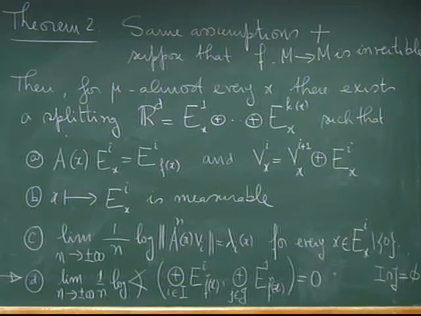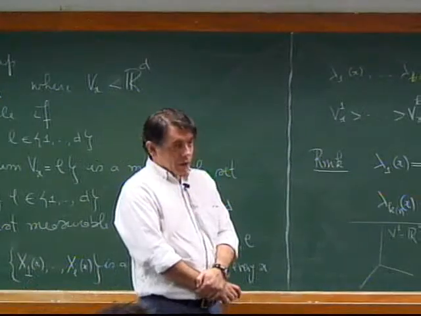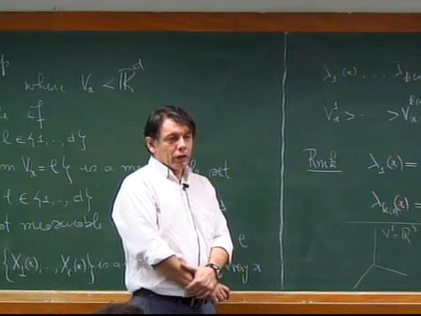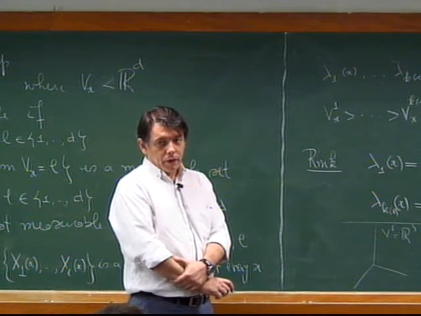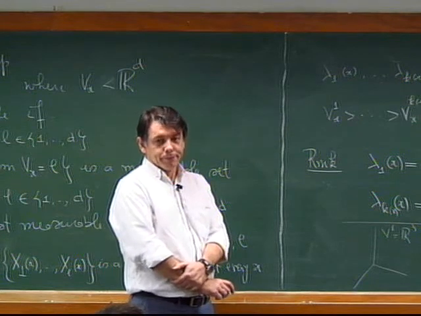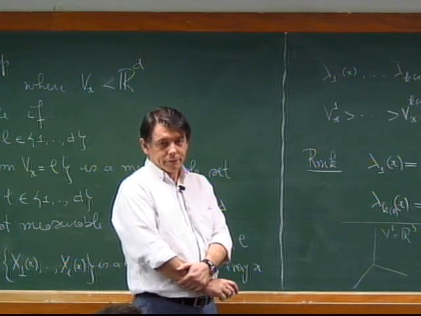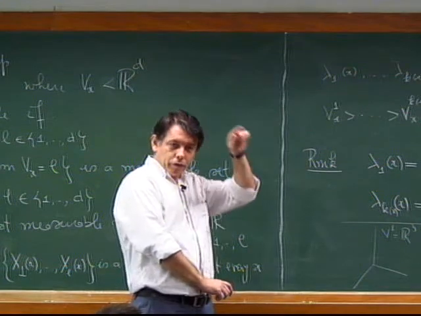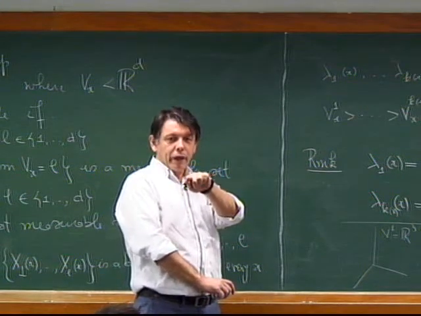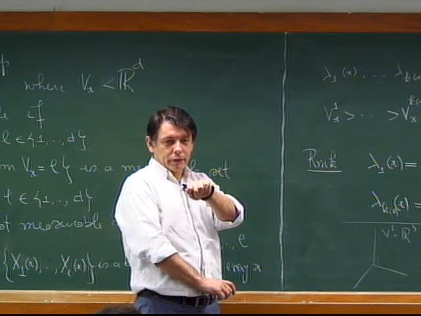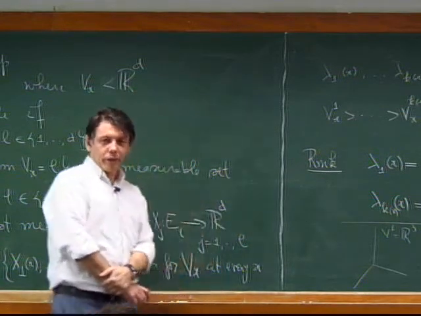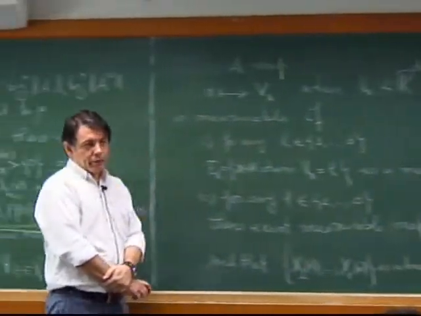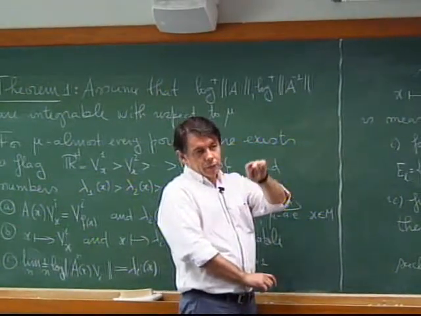Now, when I was writing the book, I had a little attack of scruples. Because angles are not real numbers. What is an angle? Angles go from 0 to 2 pi, and 2 pi equals 0. In the real line, 2 pi is not 0. It's only in the classroom that 2 pi equals 0. So what this means is that an angle is really an element of the circle.